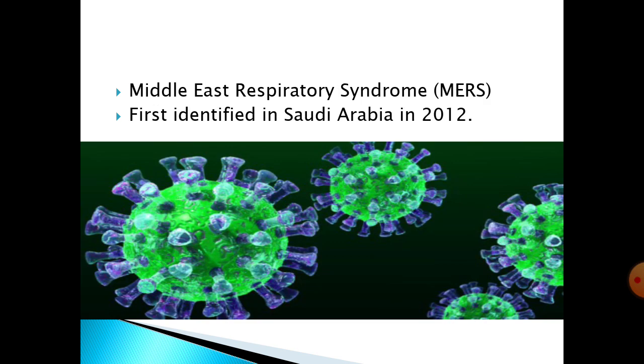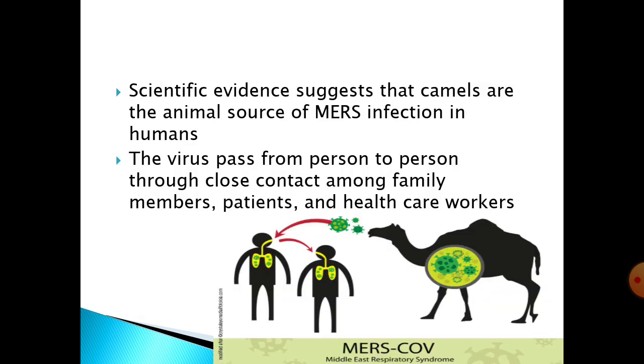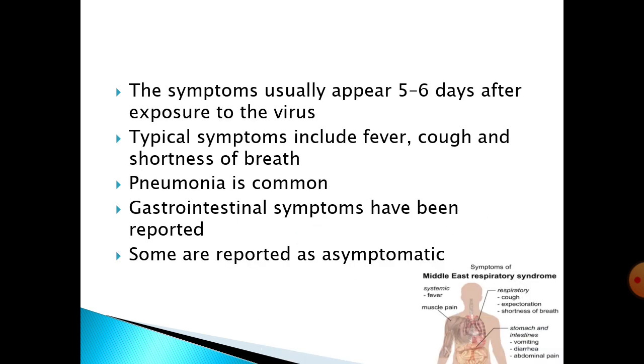Middle East Respiratory Syndrome, or MERS, was first identified in Saudi Arabia in 2012. Scientific evidence suggests that camels are the animal source of MERS infection in humans. The virus passed from person to person through close contact among family members, patients, and healthcare workers. The symptoms usually appear 5 to 6 days after exposure to the virus.